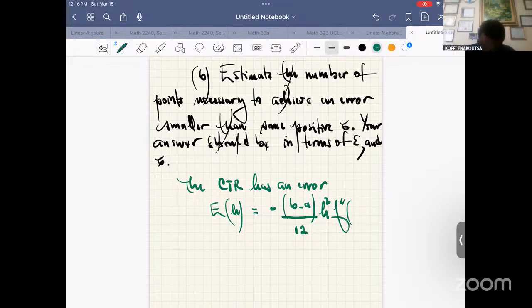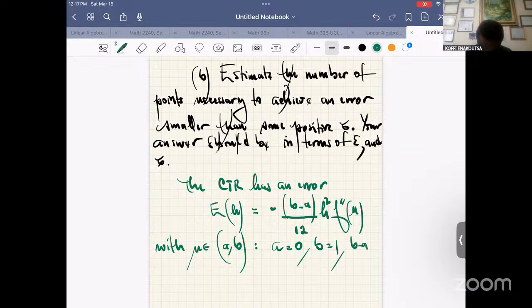So some mu between a and b. But remember, a is 0 and b is 1, so b minus a is 1. So you can arrange E(h), given the information, to be negative 1 divided by 12 h squared with f second of mu.